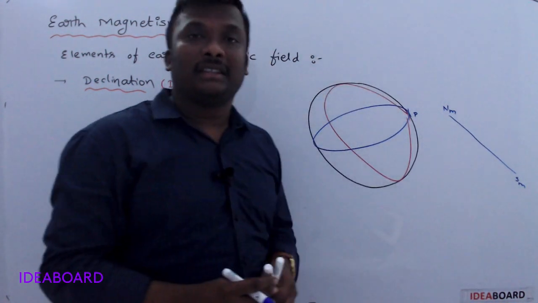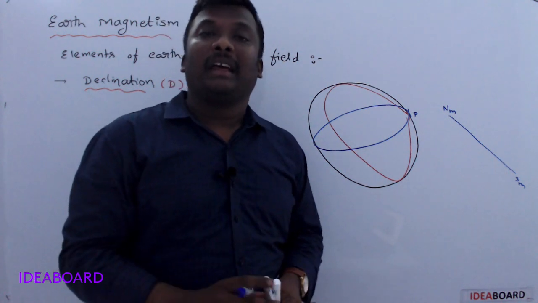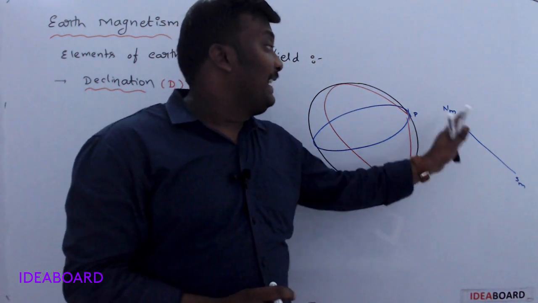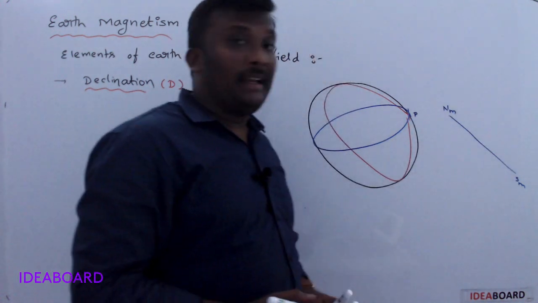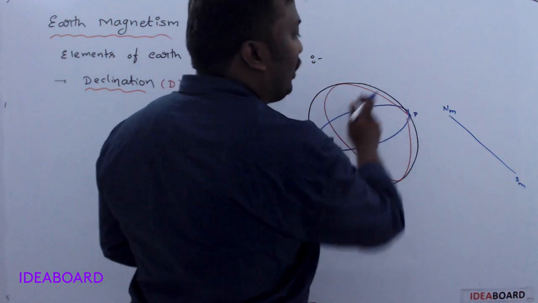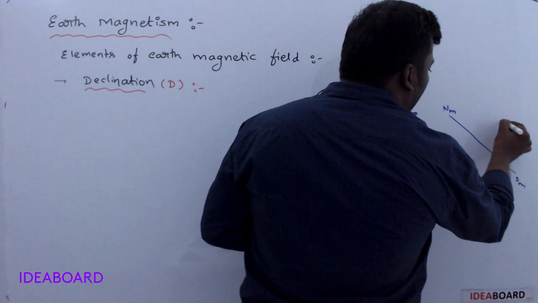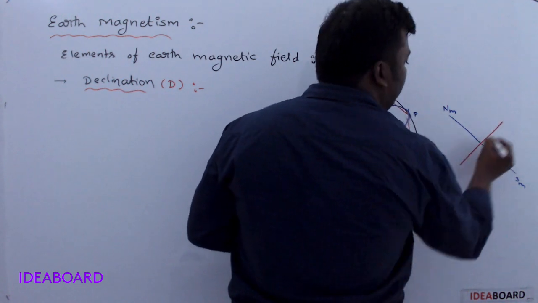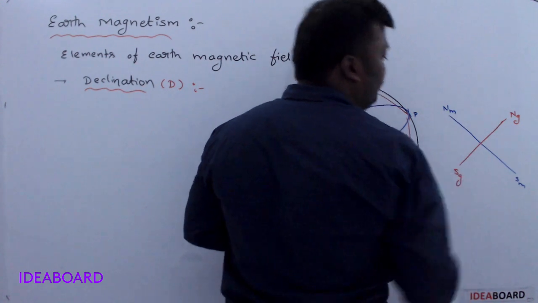Yesterday we discussed the definition of the magnetic meridian: a vertical plane containing the magnetic axis of rotation. So this is one of the magnetic meridian planes at point P, and this is the geographical meridian. The geographical meridian at point P appears like this. So this is NG and this is SG.